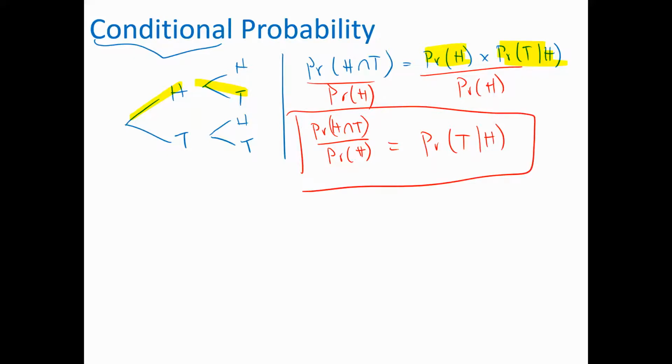That was the rule that you got last year: probability of A given B is equal to probability of A intersection B divided by probability of B, because B's the affecting one. B is what is affecting your issue.